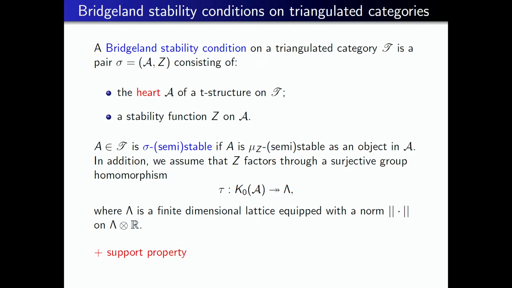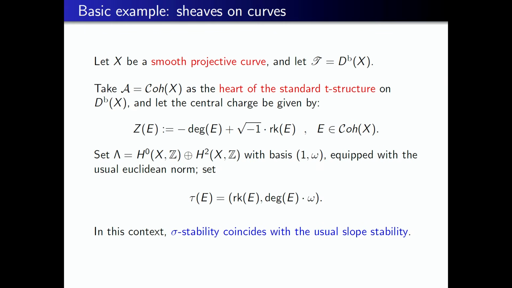So the charge here, the stability function, will factor through this two-dimensional lattice, taking this map tau here. And in this context, Bridgeland stability is just the good old Mumford stability for bundles on curves.